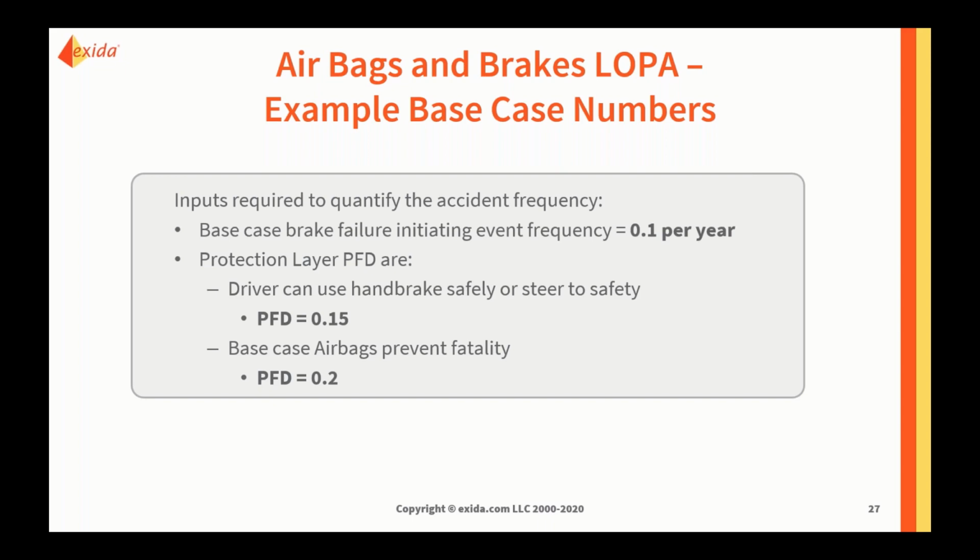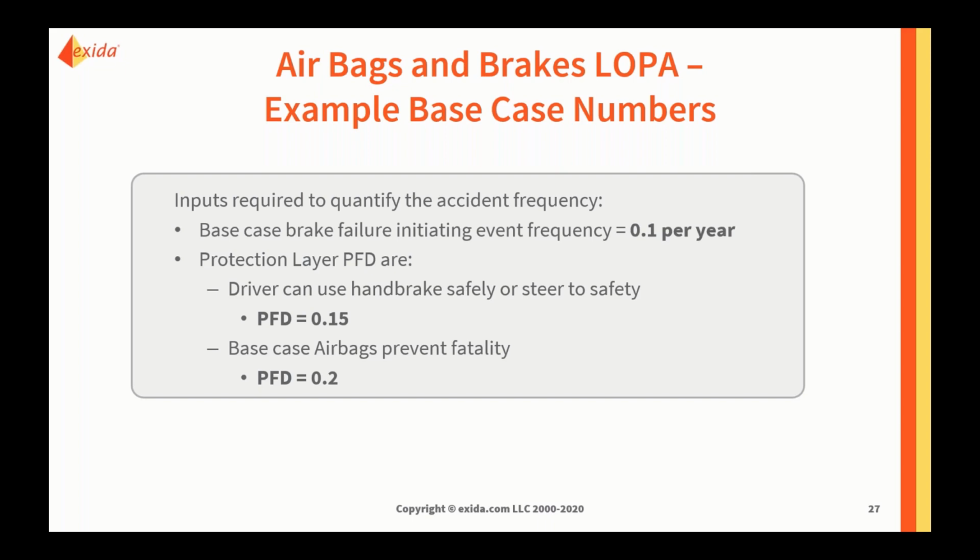We might look at the driver being effective 5 out of 6 times and a nominal 15% probability of failing to bring the car to a safe state on their own. And a similar base case, airbag effectiveness of 80%, which is a probability of failure on demand of 20% in all of this.